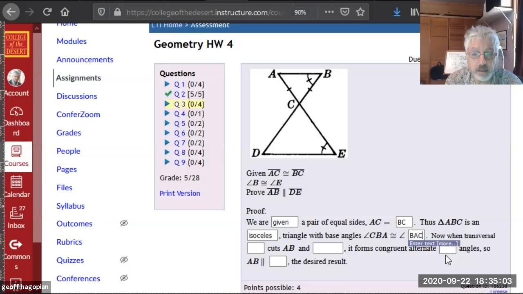Either way, I think is fine. Now, when transversal AE cuts AB and DE, it forms congruent alternate interior angles. So AB is parallel to DE, which is what we wanted.